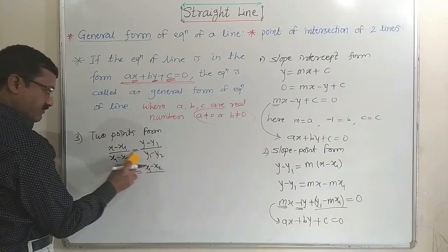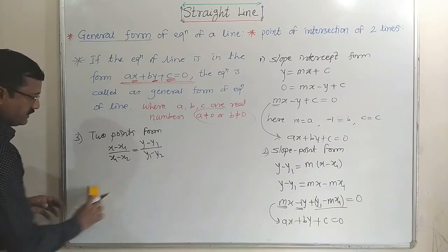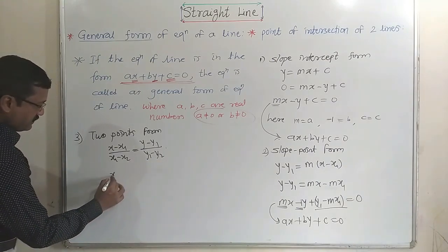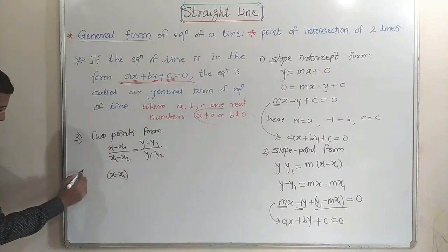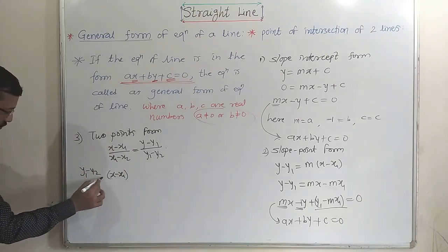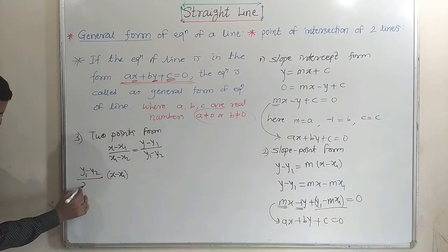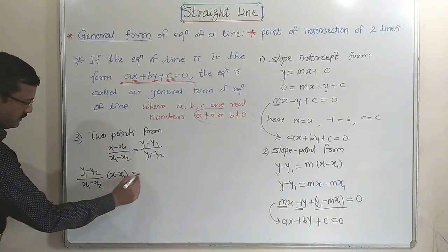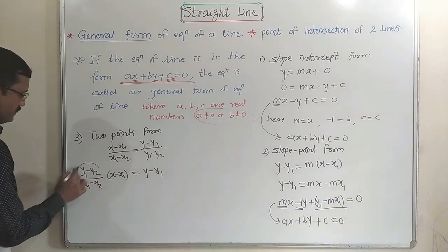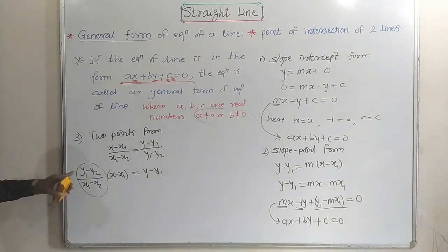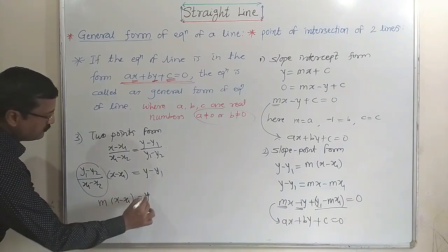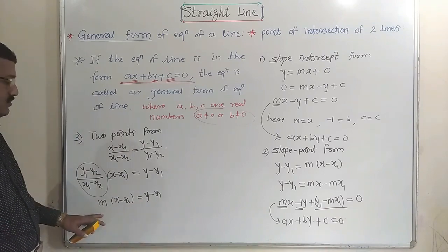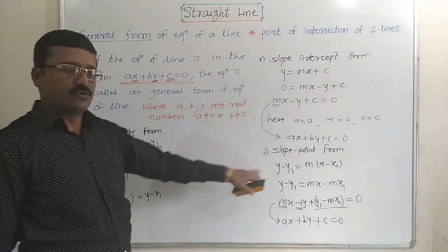Or instead, if you take y1 minus y2 to the left, it goes to the numerator divided by x1 minus x2, and it is equal to y minus y1. What is this? This is again the slope, difference in y coordinates upon difference in x coordinates. Therefore, it is m into x minus x1 equal to y minus y1. So y minus y1 equal to m into x minus x1. This is the slope point form.